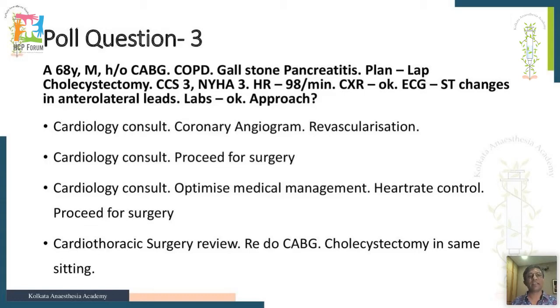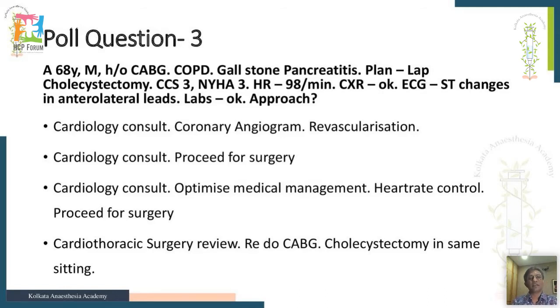68-year-old, past history of CABG, known case of COPD, gallstone pancreatitis, plan is a laparoscopic cholecystectomy, has CCS3 and NYHA3 symptoms, heart rate 98, chest X-ray okay, ECG ST changes in the anterolateral leads, labs are okay. So what would be your preferred approach? Coronary angiogram, revascularization, and only then take up? Cardiology consult, cardiology clearance, proceed for surgery?